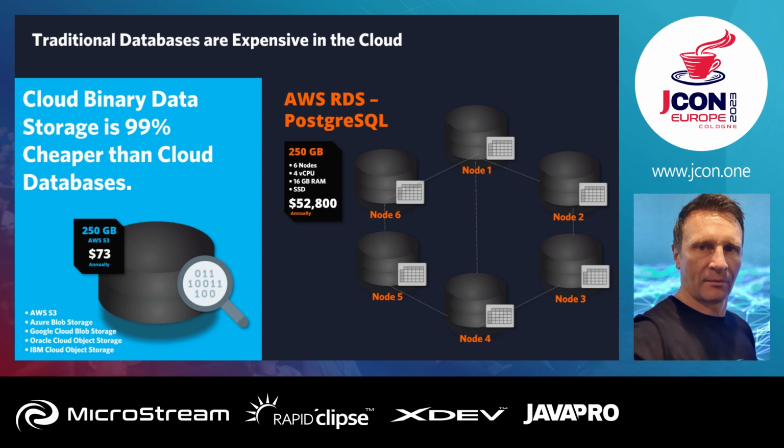If you need a 250 gigabyte cloud object store like AWS S3, then you only pay $70 annually. So you can save 98% of database costs every single year. That's great. And all cloud vendors provide similar cloud binary data storages. They call it object or blob storages.